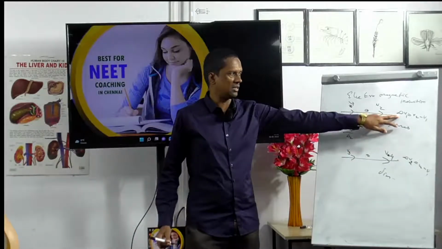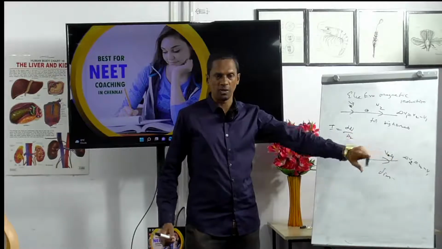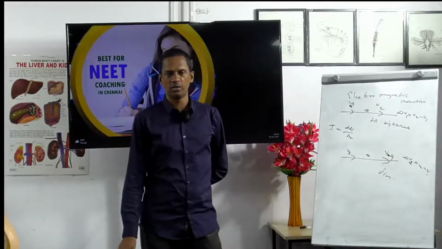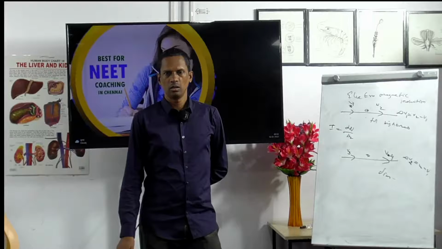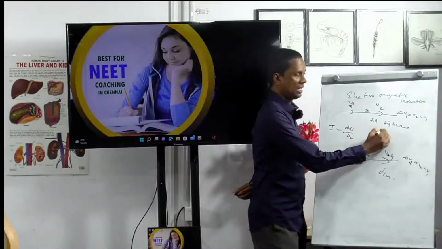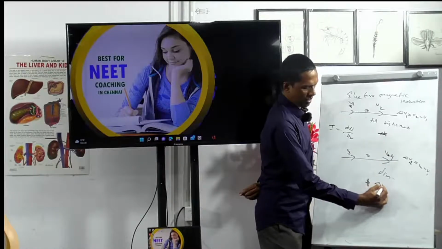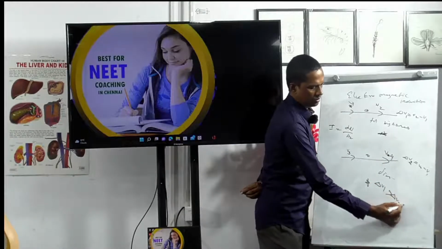So the potential difference here is delta V1 and here it is delta V2. Which will have the higher potential difference? Delta V1. So delta V1 is greater than delta V2.